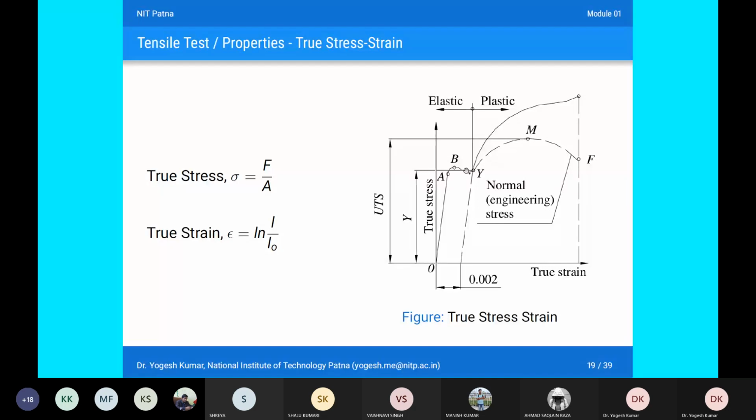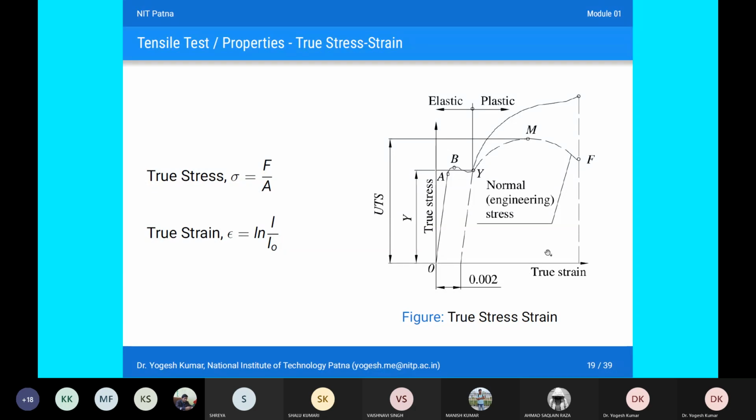This dotted line, up to your yield point, the lower yield point, your engineering stress-strain curve and your true stress-strain curve are both coinciding. You can see from O to A to B, B to Y. Up to this portion, your true stress-strain curve and your engineering stress-strain curve are more or less the same for almost all materials.